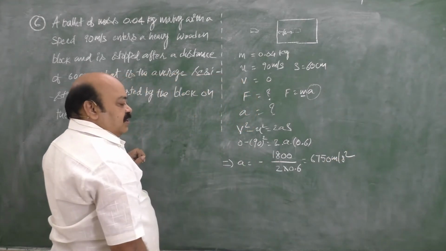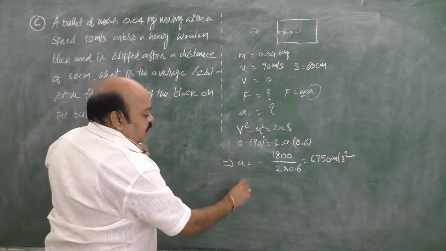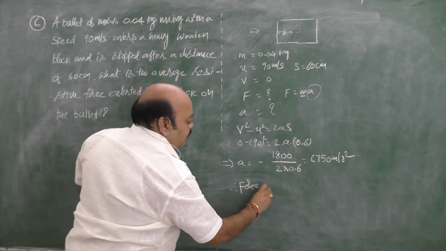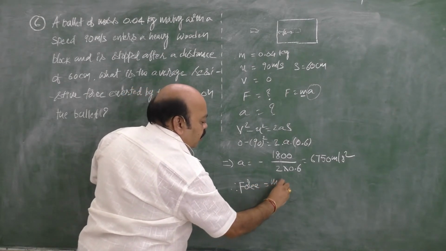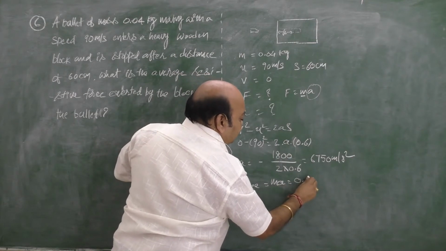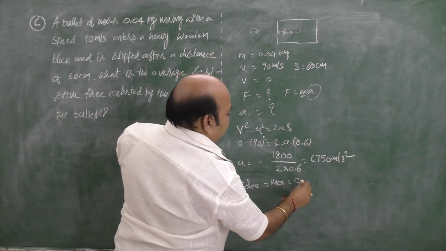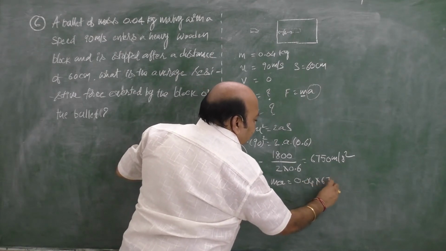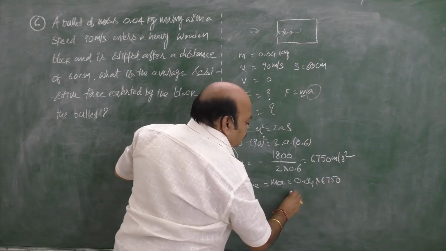This is the acceleration. After calculating this acceleration, what do we want? We need the force required. Force is equal to mass into acceleration. What is the mass? 0.04 into acceleration 6750.